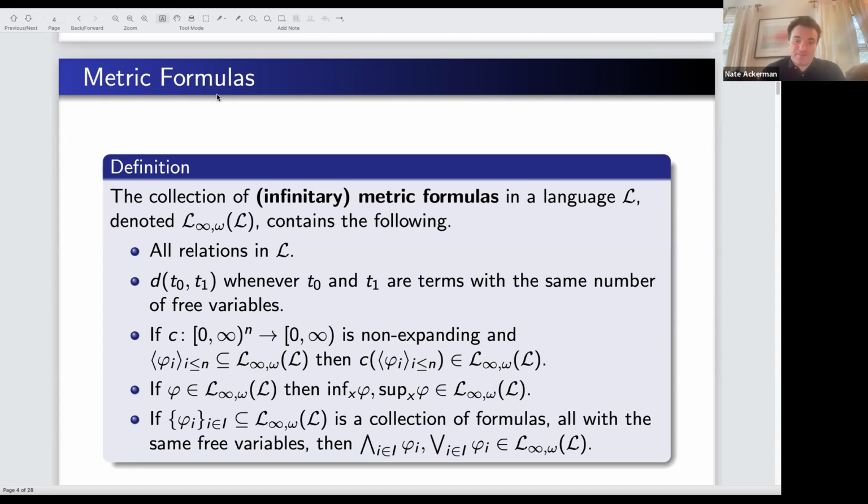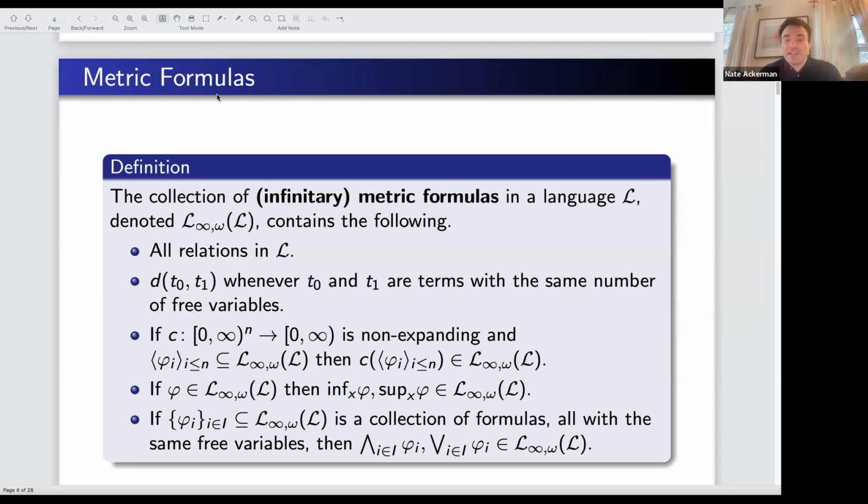This is connectives. So all relations are formulas. For any two terms, the distance between those two terms is a formula. And we want to think about this as the analog of equality. So we want to think of the distance between two elements as how close they are to being equal in a metric space. And so thinking once again of the real numbers as the truth values in a metric structure, the distance is the truth value of how close two elements are to being equal.